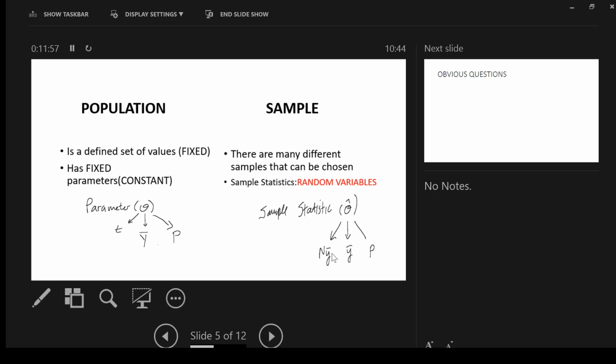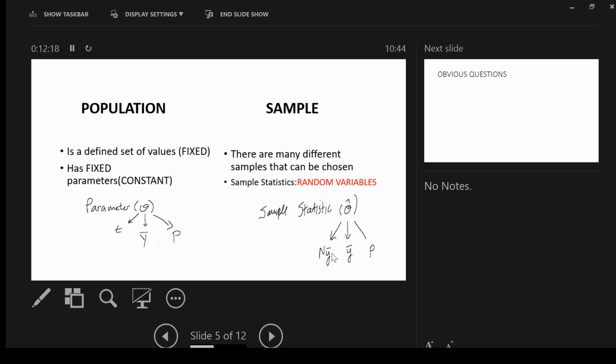And just as a matter of interest, when you do simple random sampling, if you want to estimate this fixed thing, the total, you're going to use N y bar. You know, if you want to estimate the population parameter, this fixed thing, you use this random variable, the sample mean.